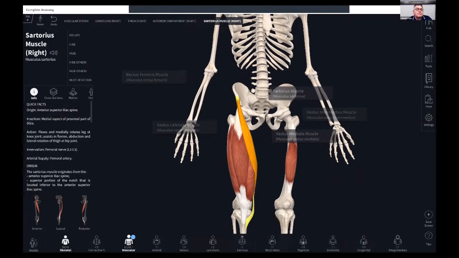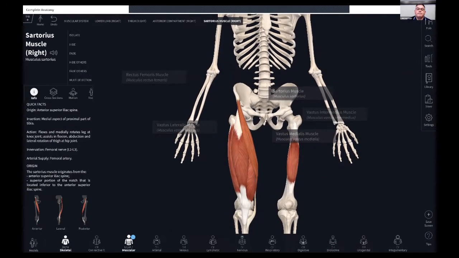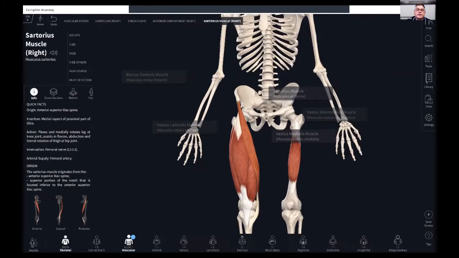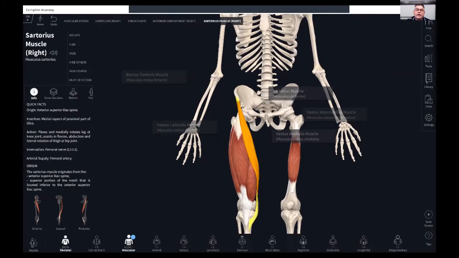Its action: it flexes and medially rotates the leg at the knee joint, and it assists in flexion, abduction, and lateral rotation of the thigh at the hip joint, innervated by femoral nerve segments from L2 and L3. So it's the longest muscle in the body, with a very circuitous route to get from its origin finally to its insertion.